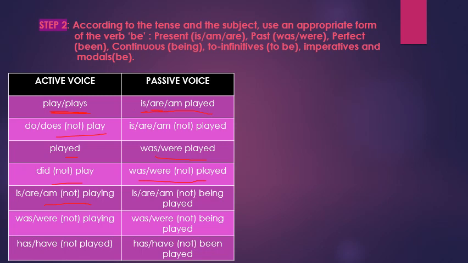Whenever the verb is in its continuous form in active voice, in passive voice it will turn into being plus third form of that verb. Was or were not playing will become was or were not being played. Then has or have not played will become has or have not been played.